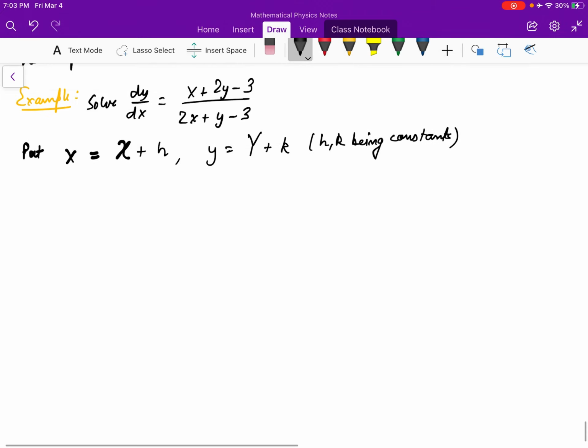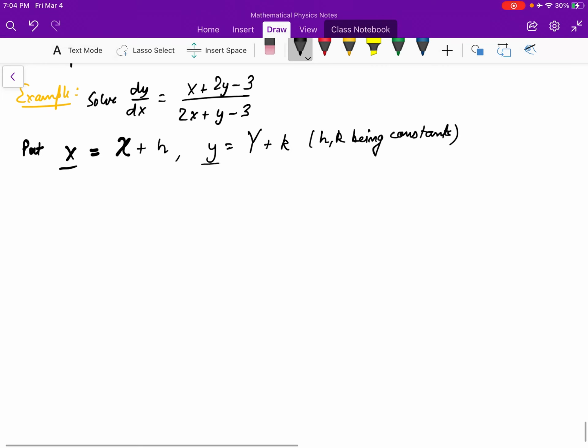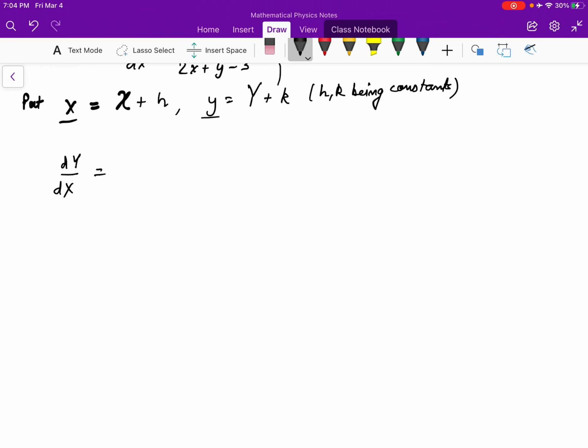Okay, so now if we replace back small x and small y into the equation above, we obtain d capital Y by d capital X. And the idea behind d capital Y by d capital X instead of d small y by d small x has been mentioned previously. Just to reiterate, we use that because the substitution is linear, so we don't have to worry about the derivatives. Okay, linear substitution, that's the key word.